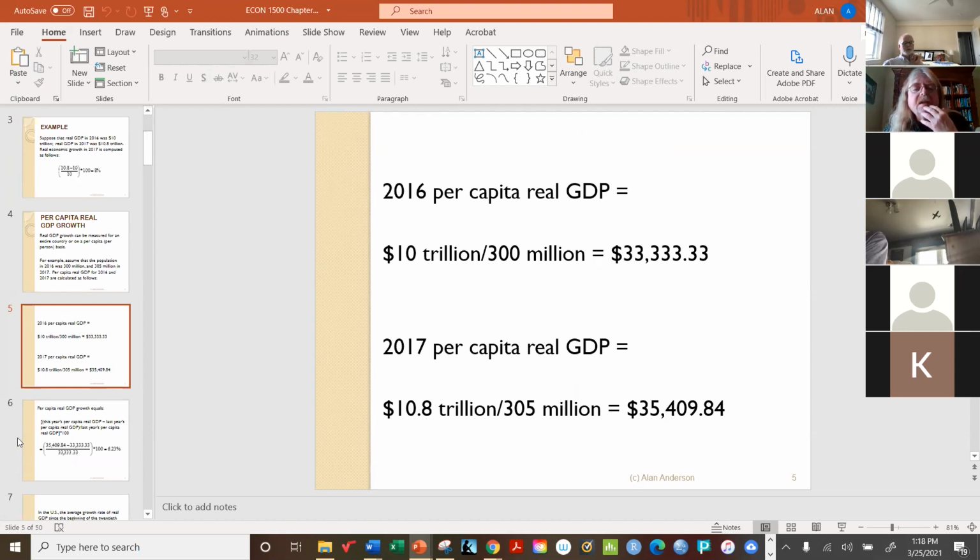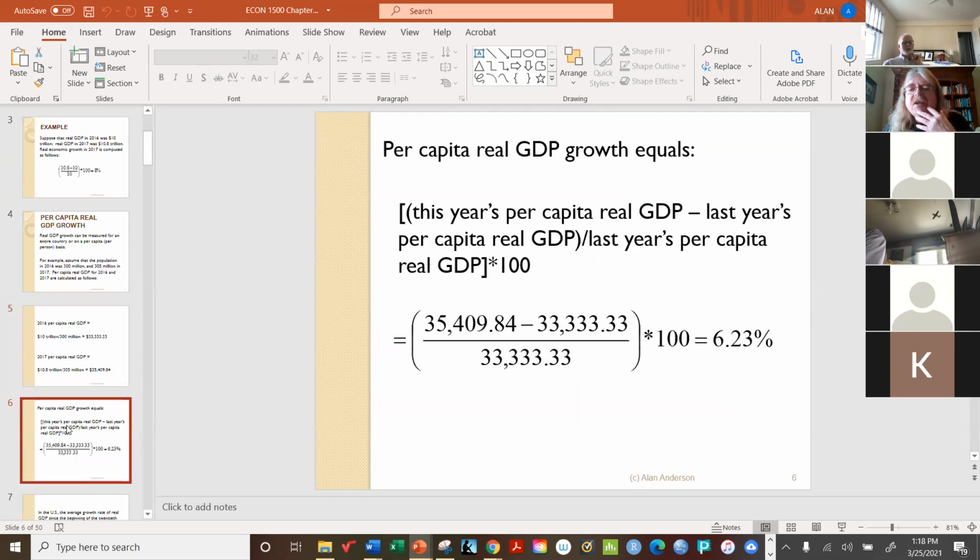So now, once again, I simply apply a percentage change, and you can see that the real per capita GDP only went up by 6.23%, as opposed to 8% in the total real GDP, which again indicates that the population grew a little more quickly than the economy did. That's why this is happening.